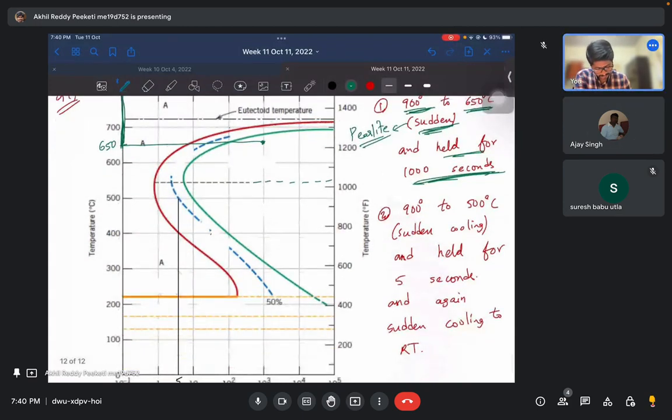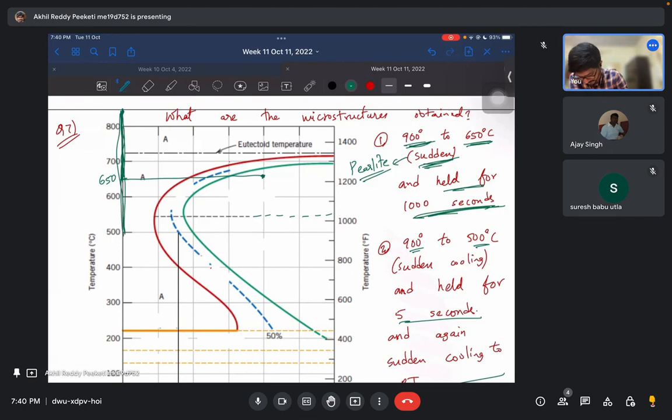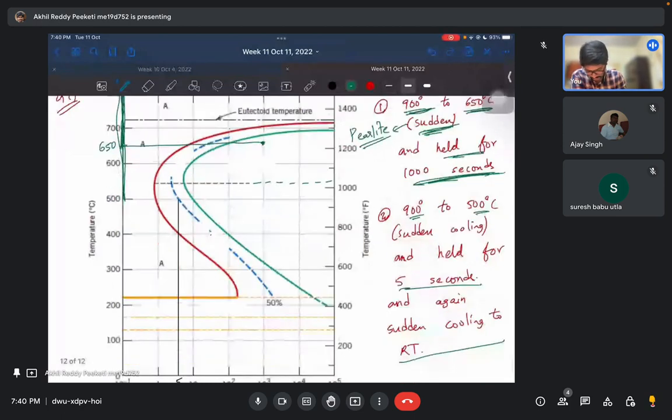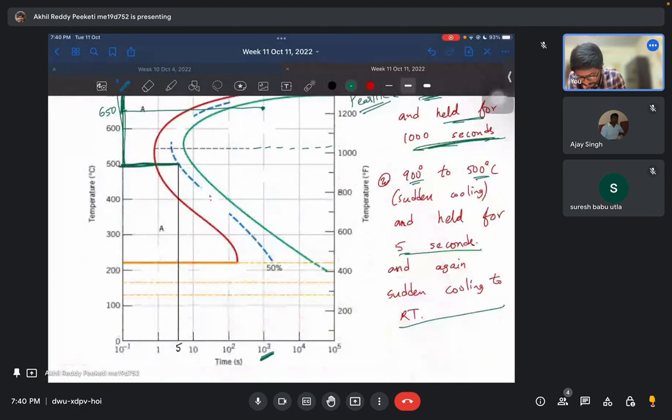Now in case 2, 900 to 500 sudden cooling, held for 5 seconds, and again sudden cooling to room temperature. So 900 to 500 would be instant cooling, like this, and then held for only 5 seconds, and then sudden cooling to room temperature. So what would be the structure for this?